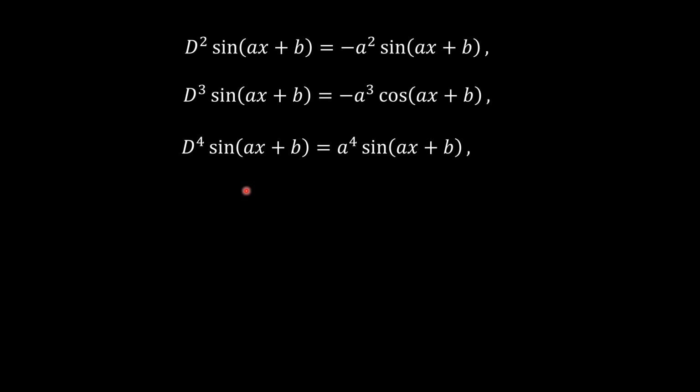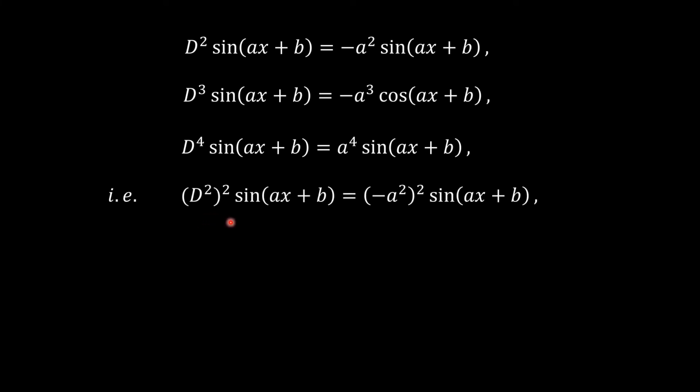Now, just observe all the even order derivatives. There we are getting a common pattern. What is that? The fourth order derivative D raised to 4 can be rewritten as D square its square of sine of ax plus b, which is equal to minus a square its square sine of ax plus b.